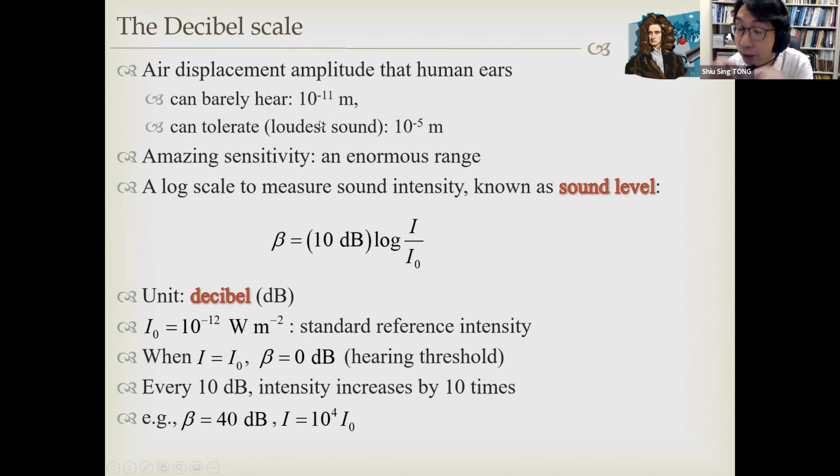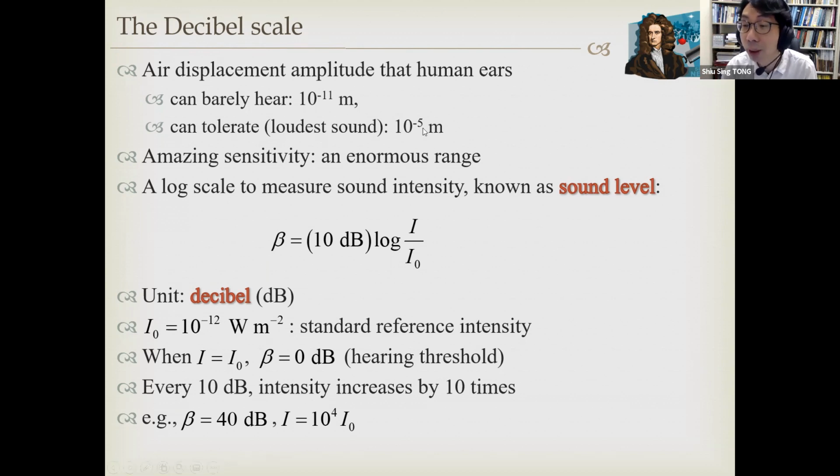That is on the atomic scale, about the size of an atom. The air molecules vibrate in a very tiny way, and that is the minimum amplitude of sound that human ears can barely hear. And the loudest sound that can be tolerated has an amplitude of 10 to the power of minus 5 meters. This refers to the amplitude of the displacement wave u.